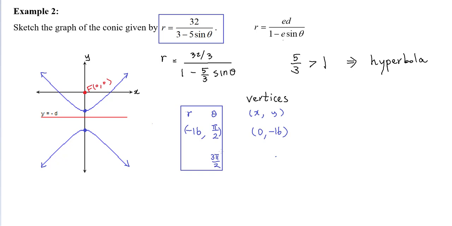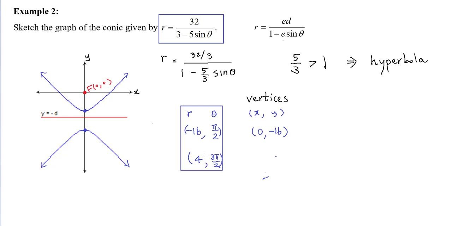Now another one is when the angle equals 3 pi over 2, because we are talking about a point on the y-axis. If I substitute theta by 3 pi over 2, sine 3 pi over 2 is negative 1. So it will be 3 minus 5 times negative 1, so 3 plus 5. So it's 32 divided by 8, which is 4.